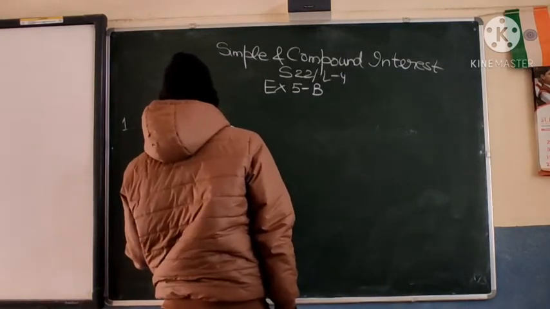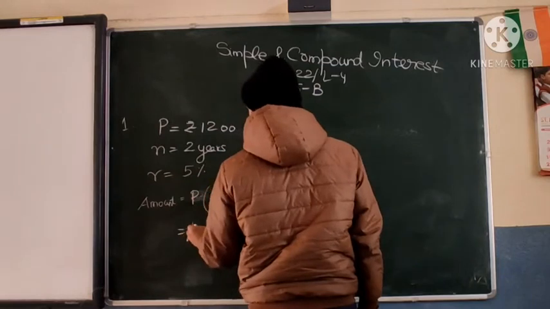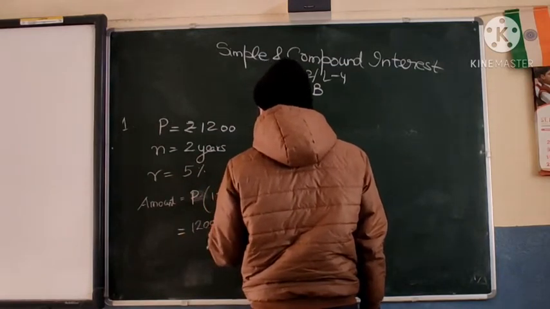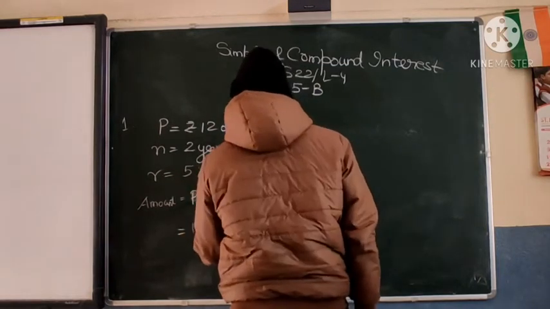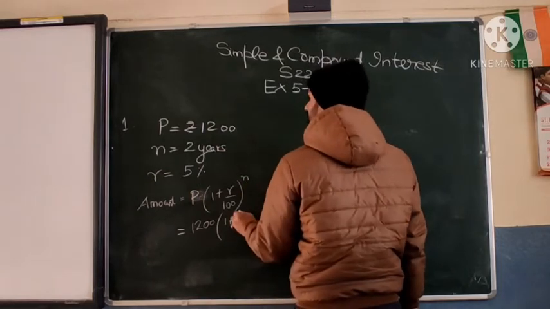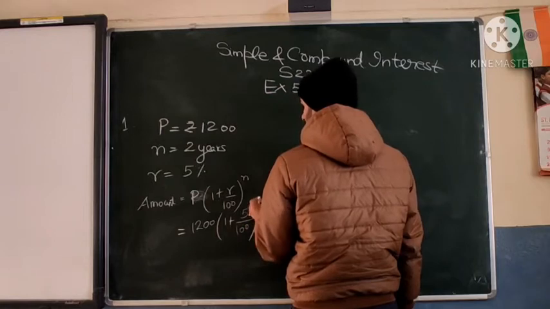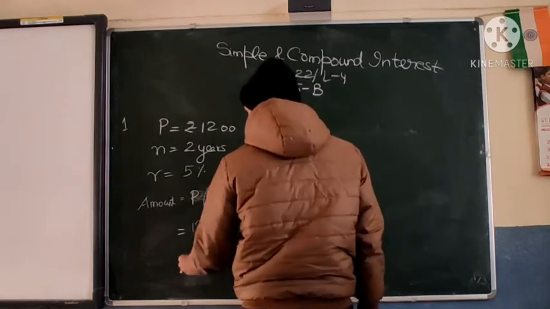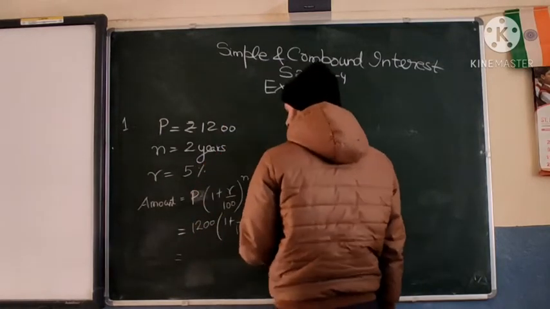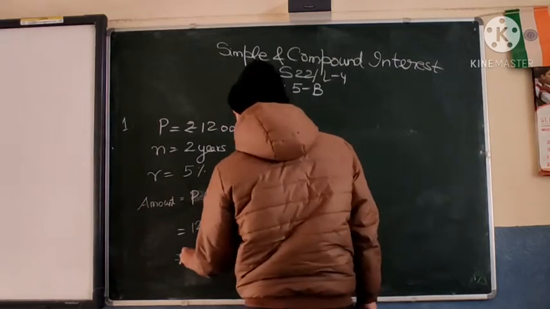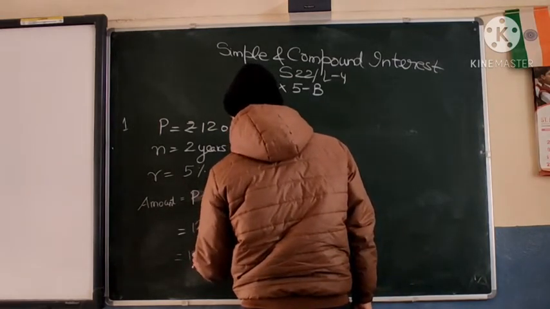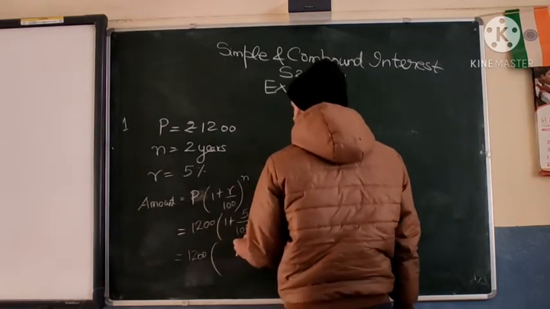Don't jump here and cancel this because 1 plus is written here. 5 divided by 100 is 1 by 20.